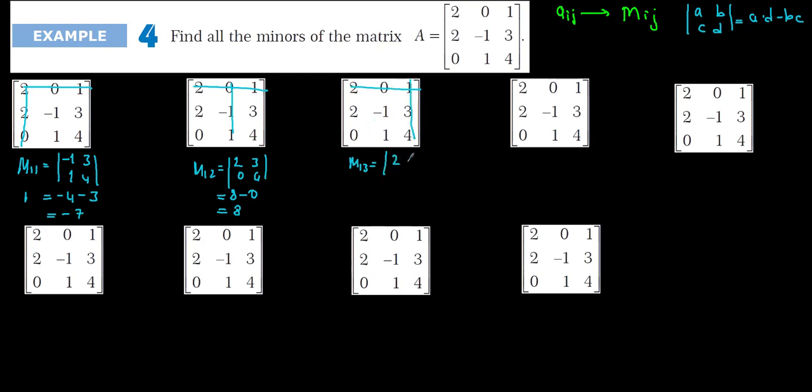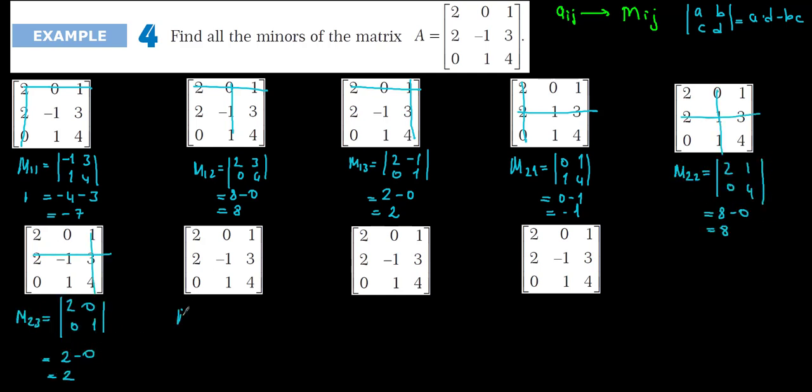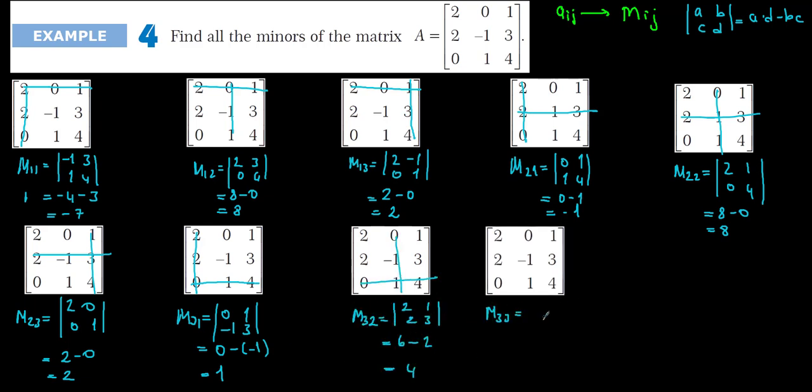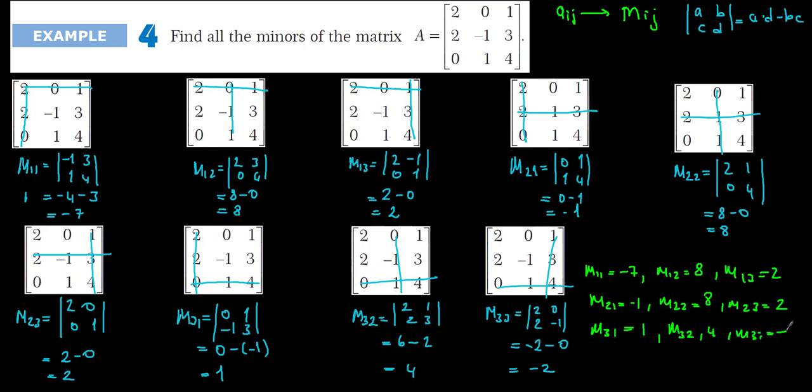Then the entries are 2, minus 1, 0, 1, which is equal to 2 minus 0, which is equal to 2. Minus 2. These are all the minors of the matrix A.